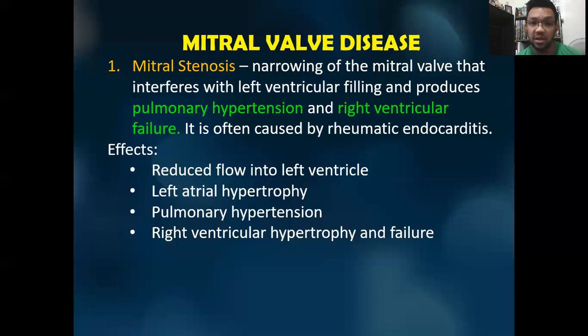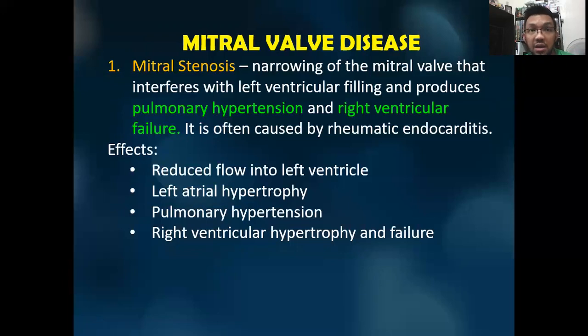So effects, there is reduced blood flow, of course, to our left ventricle, because how is blood going to pass through the narrowed mitral valve if that valve has a narrowing? There is also left atrial hypertrophy because of the too much pressure that is building up in the left atrium.